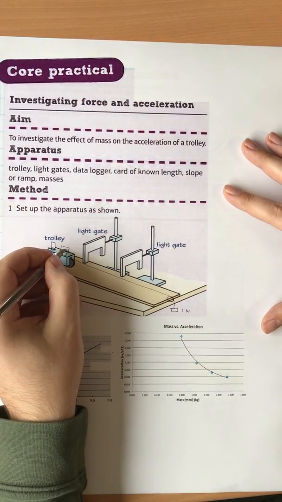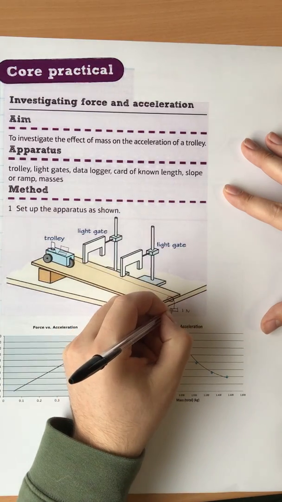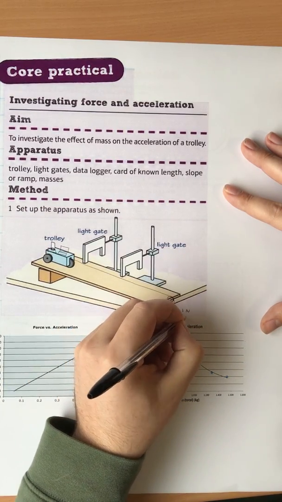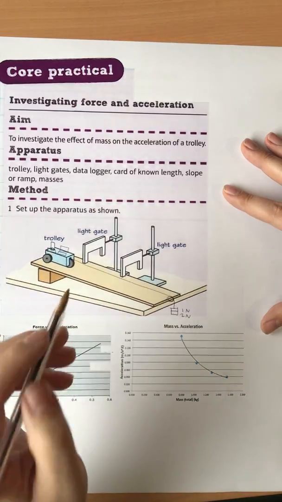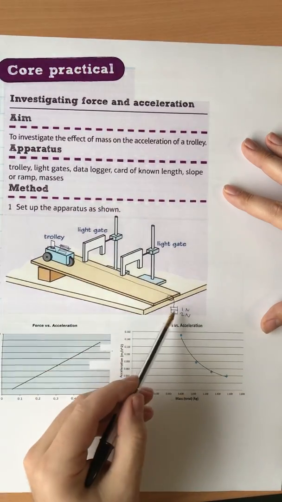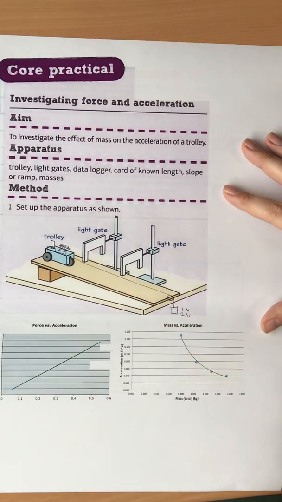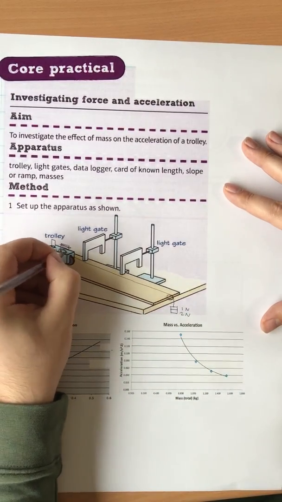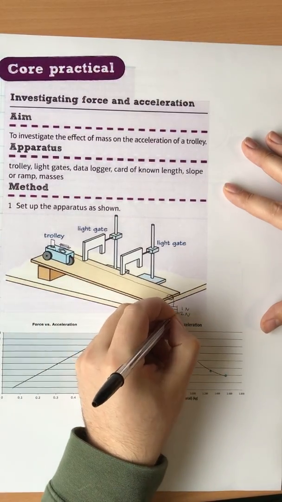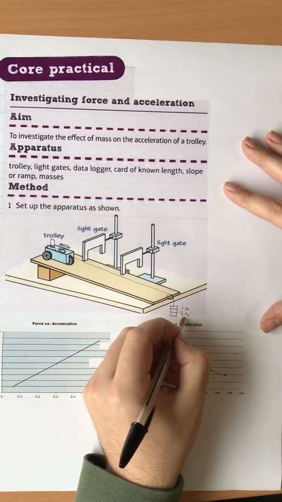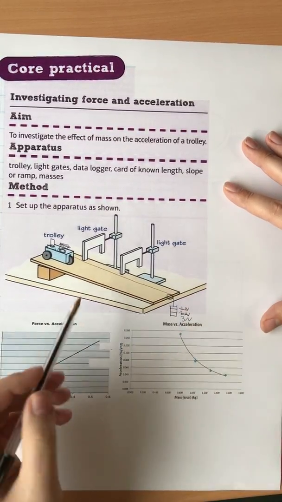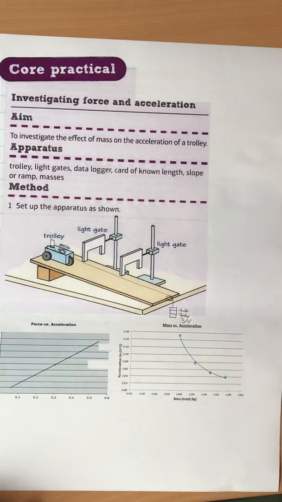Then you remove one of the masses and put it over the side again. So let's say we have 2 newtons over the side now and only 2 masses left on the trolley. Therefore, it's going to have a greater force. Pull the trolley again, record the acceleration. Take the 3rd mass and place it over the pulley, and you've got a total of 3 newtons now, and you let go of the trolley and it measures acceleration.